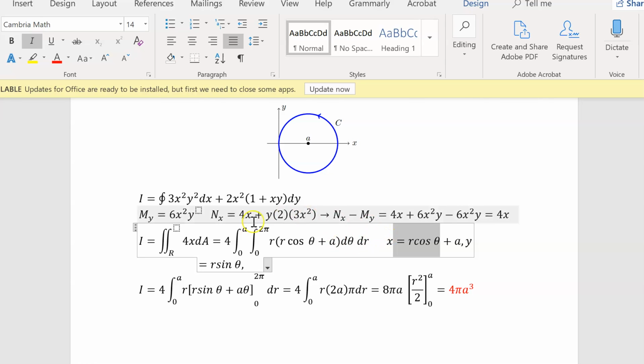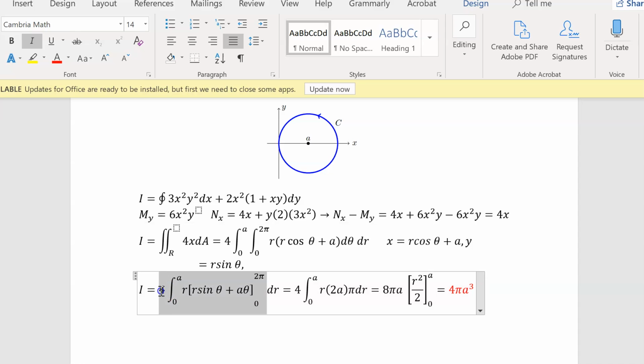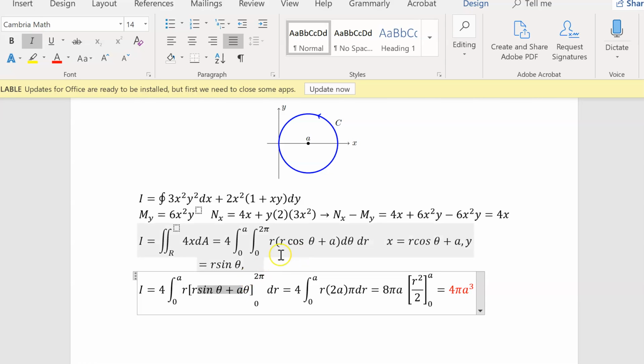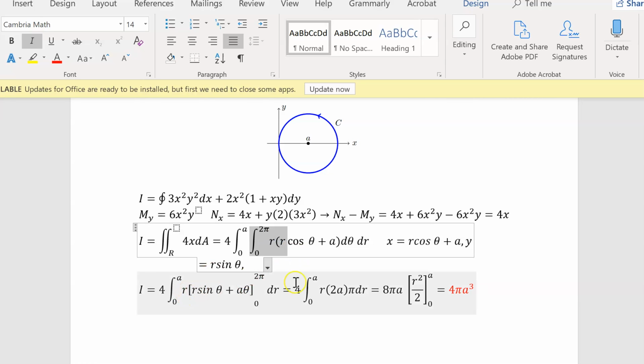Then we can take 4 out as a constant, and then x is r cosine theta, and there is an additional r coming from the Jacobian, and then we have dr. When we integrate with respect to theta, the r cosine theta becomes r sine theta plus a theta, and the limits go from 0 to 2 pi. We evaluate that, and r is a constant with respect to theta, so sine 2 pi is 0.